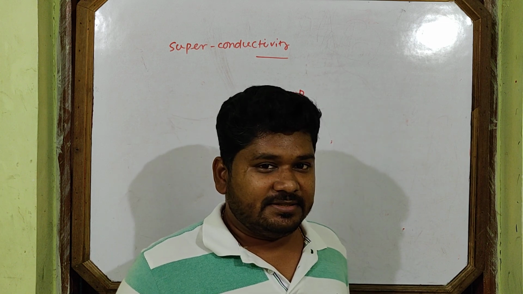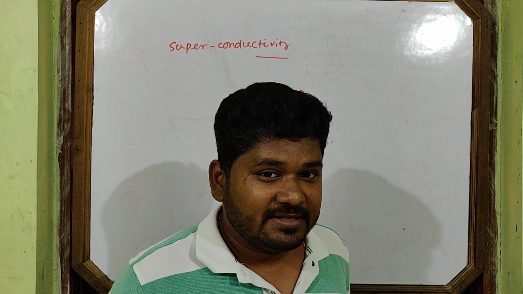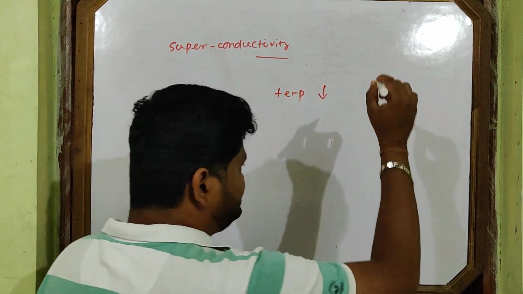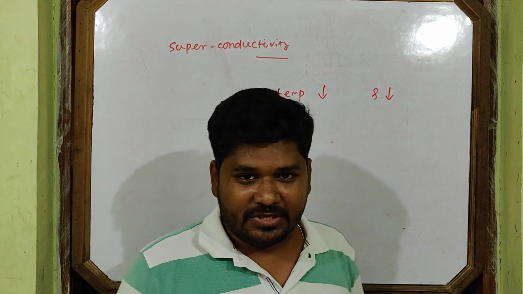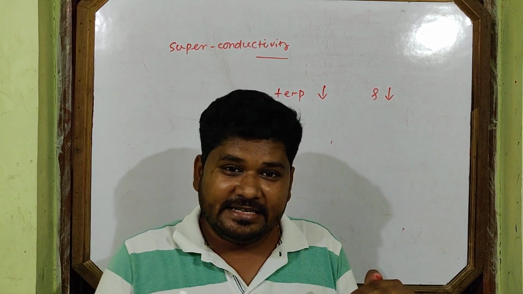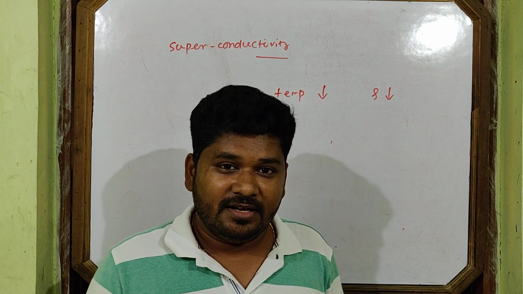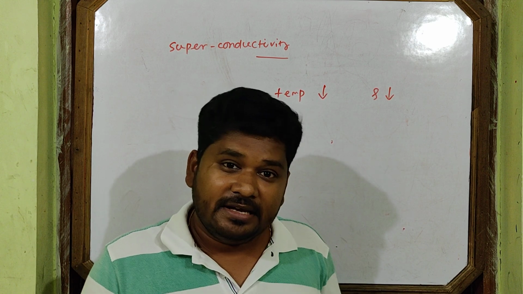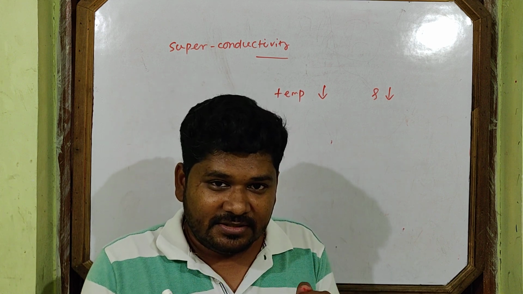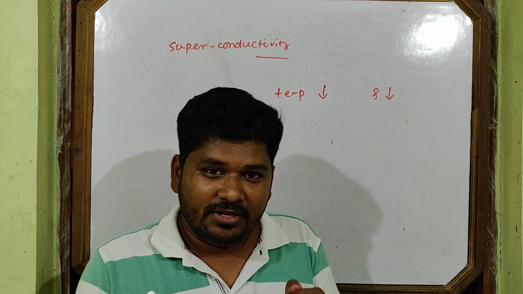If temperature decreases, then resistivity decreases. Now you come to this point. In a substance, when temperature decreases, resistivity decreases. How much will it decrease? It keeps decreasing, coming towards a low value.